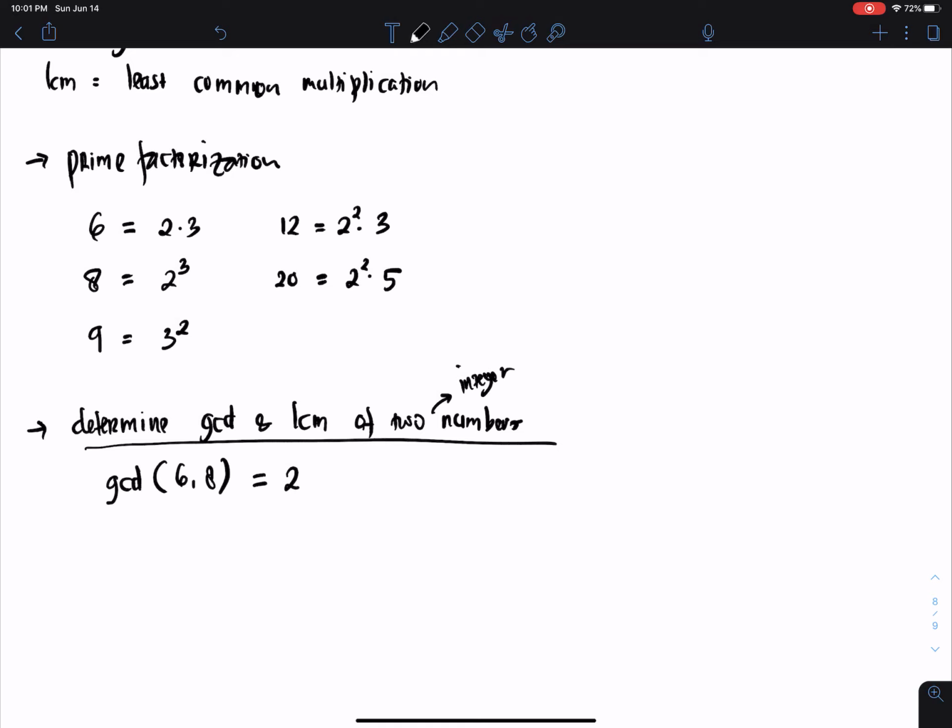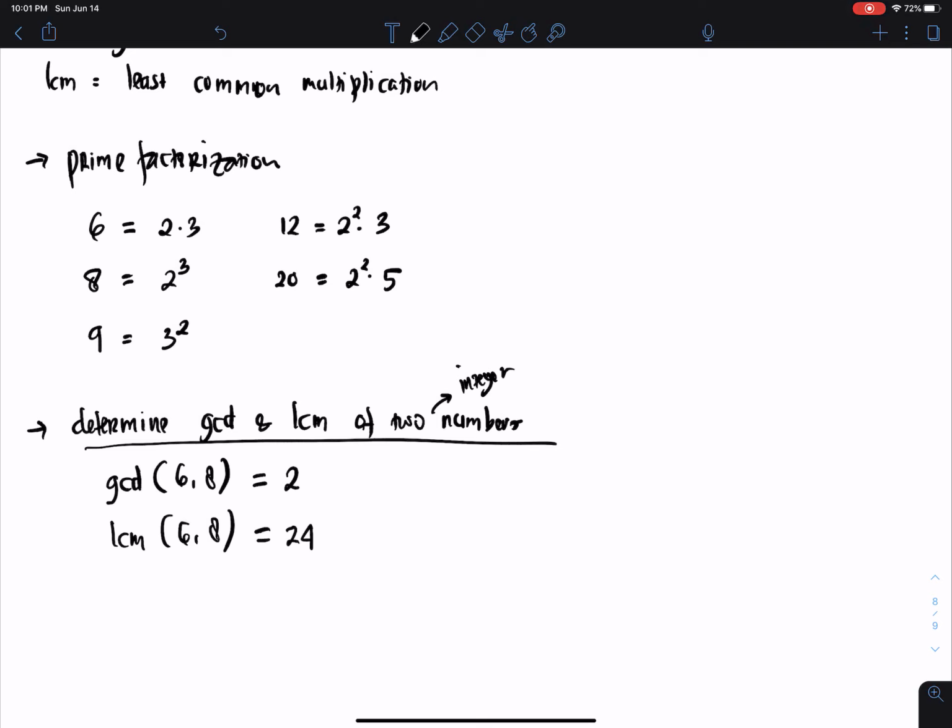And the LCM of 6 and 8 will be 24, right?